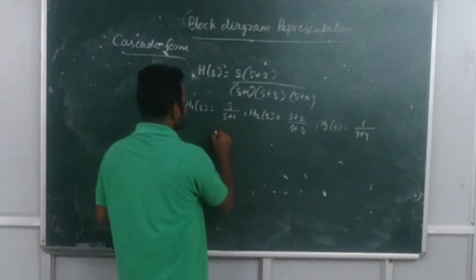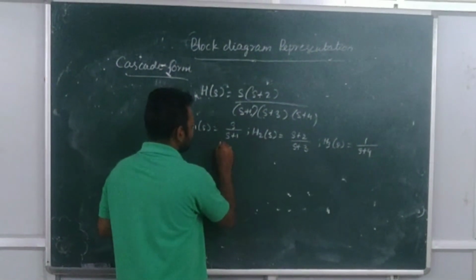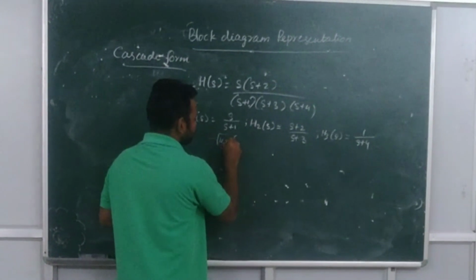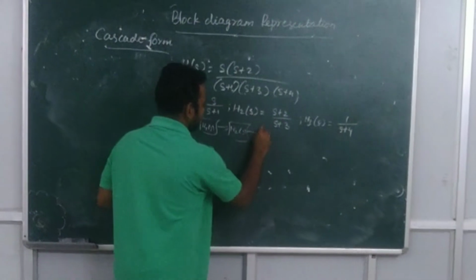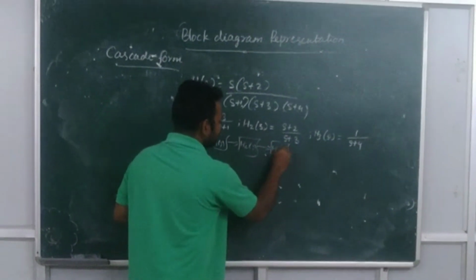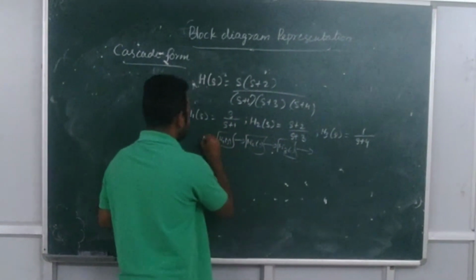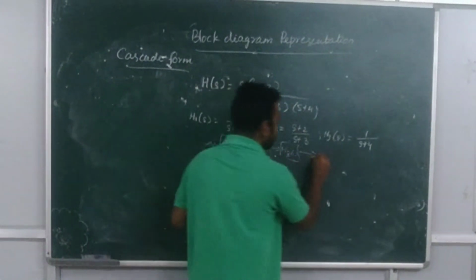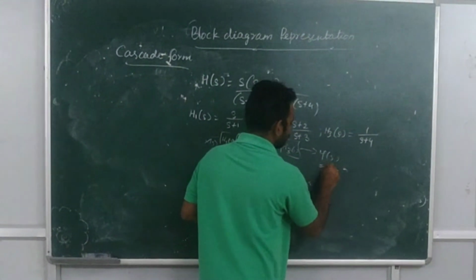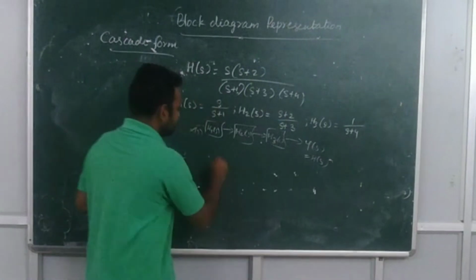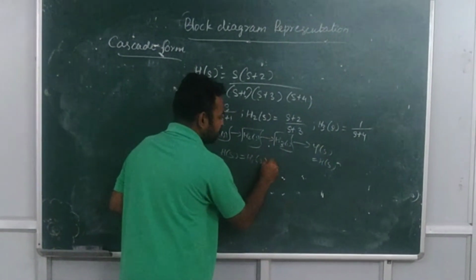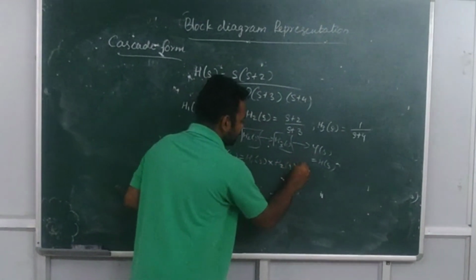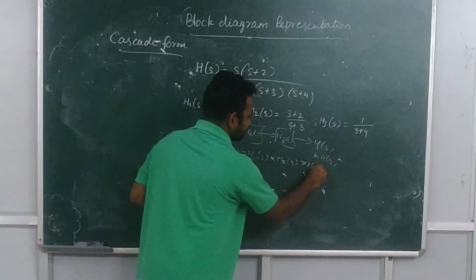So in cascade realization, this h1 of s, then h2 of s and h3 of s, all are connected in a series manner, and you are getting the final output which is equal to h of s. So h of s is nothing but h1 of s into h2 of s into h3 of s.